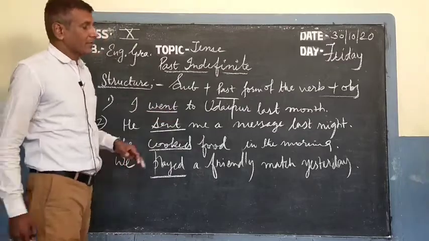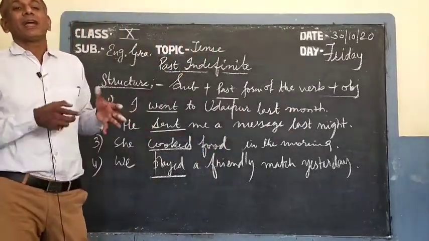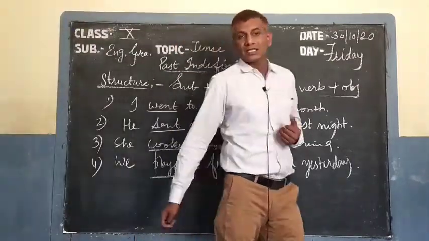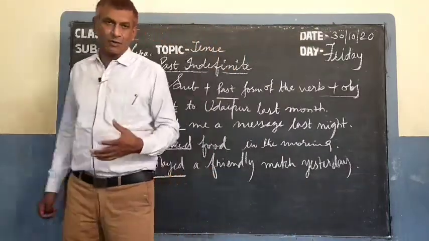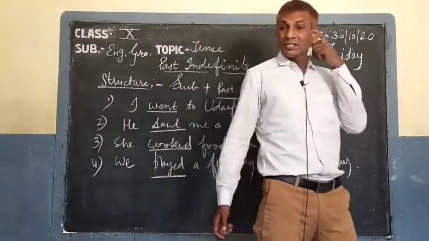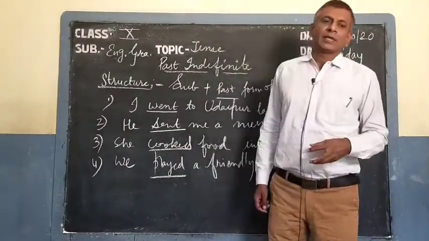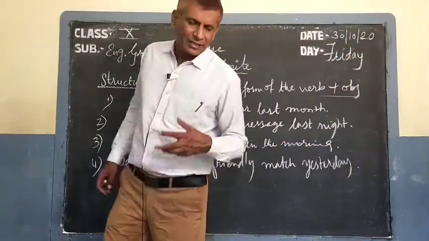But with the time, it is clear exactly when the thing happened, like last month, last night, yesterday, last year, last season, in the morning, in the afternoon, at 7 o'clock, in June, in July, on Sunday, on last Diwali.